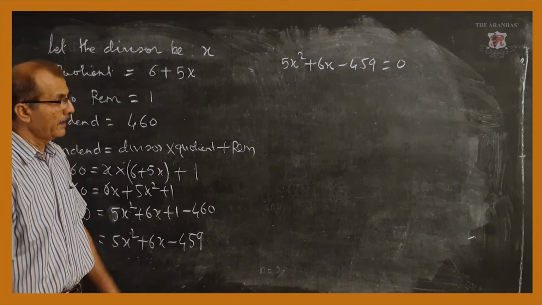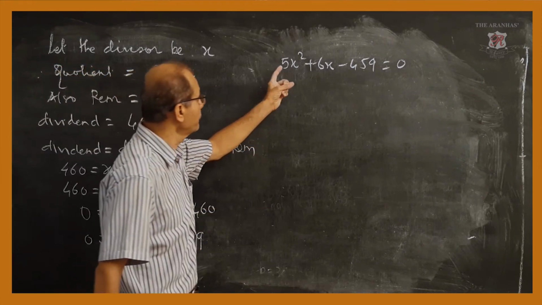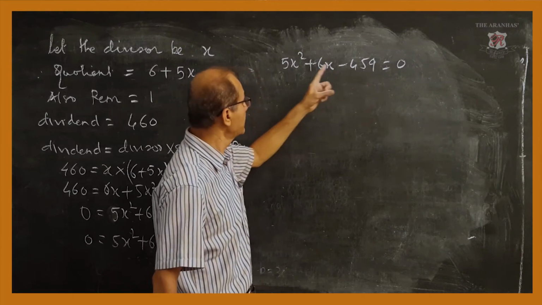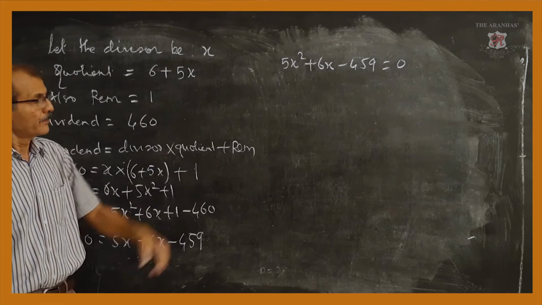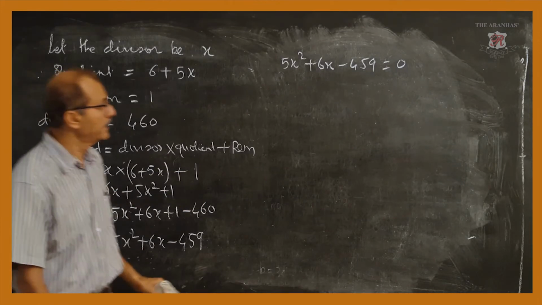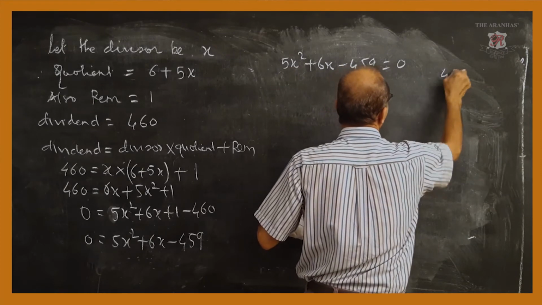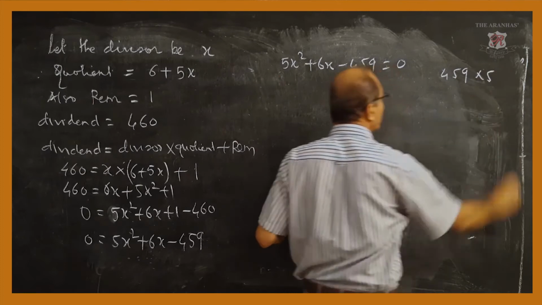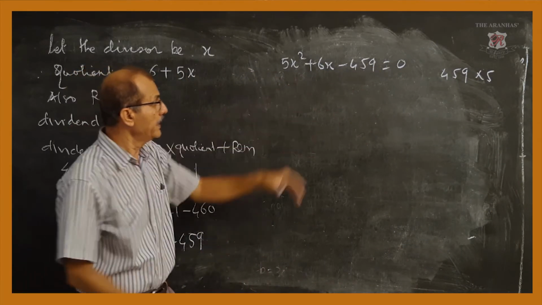Now here I want to find two numbers whose product is 5 into 459 and sum is plus 6. So how to find the factors of that? 459 into 5, right? And sum should be 6.